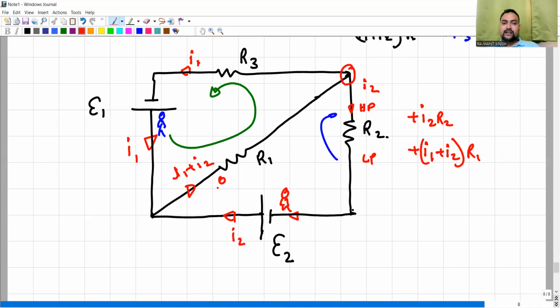Now that you have reached here, you cross the EMF. Now when you cross the EMF, what happens? From this to this, there will be a potential drop, and the potential drop is always taken as minus. So it will become minus E2, and again the whole sum will become 0.